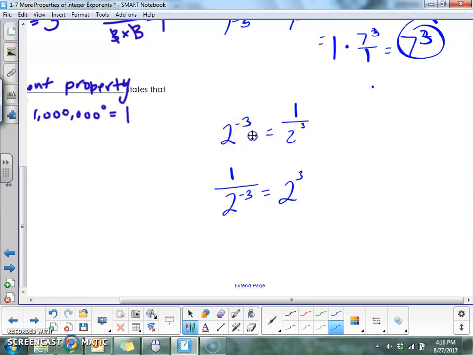This gets moved to the denominator; you can think about this being over 1. It's almost like they flip spots, and the exponent becomes positive. Same thing here: my denominator becomes my numerator, and the exponent becomes positive. We're going to get some more practice with these, and those are all of the integer exponent properties.